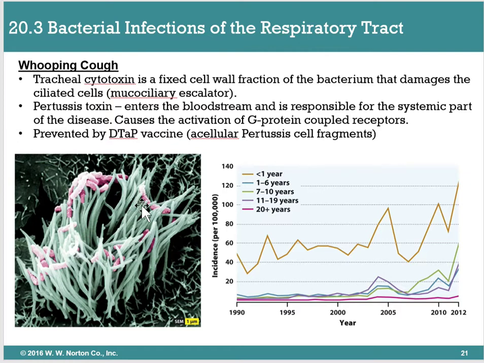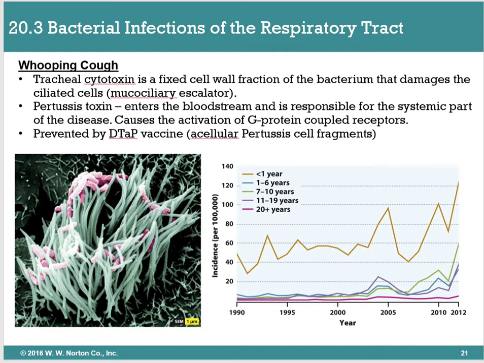So that's actually a picture of it right here. This is in a rabbit model, I believe, but they're very, very closely related to us. So what will happen is that your cilia will be trying to clear it, but it has this cytotoxin that allows it to adhere and actually start damaging all these ciliated cells.